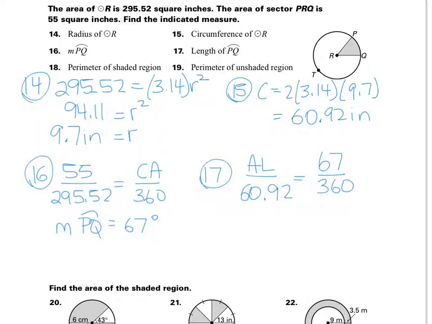So 67 times 60.92 divided by 360. So my arc length equals 11.34 linear units.